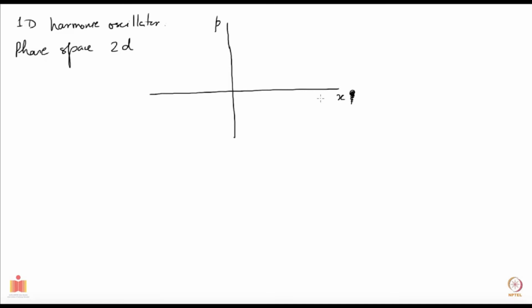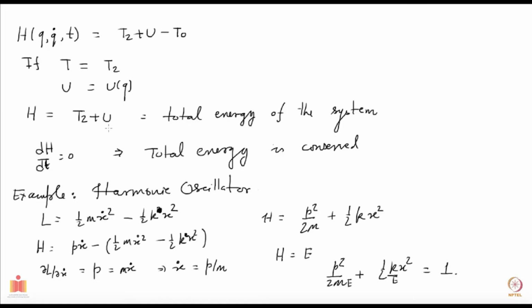Now we have the equation as p squared over 2mE plus k over 2E x squared is equal to 1, right? That's what I think we had.